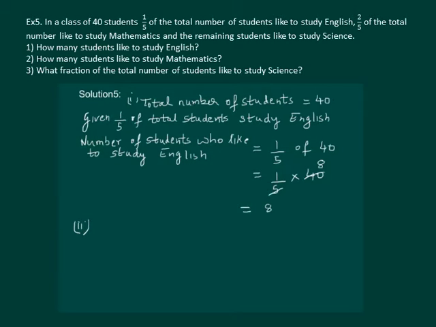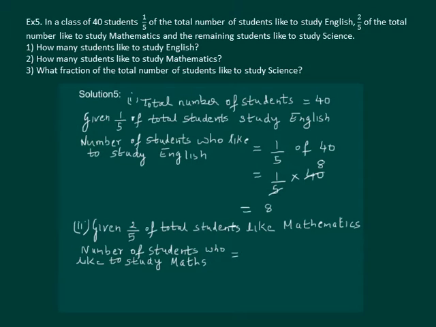Second part of the question reads, how many students like to study mathematics? It is given that 2/5 of the total students like to study mathematics. So the number of students who like to study mathematics will be 2/5 of 40, which is equal to 2 by 5 into 40.